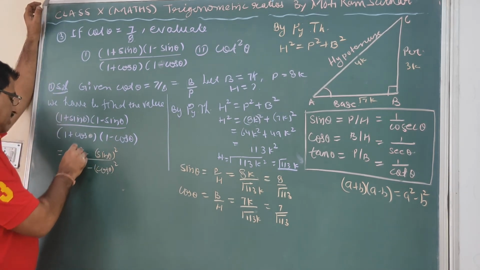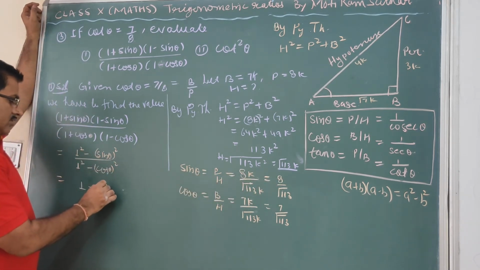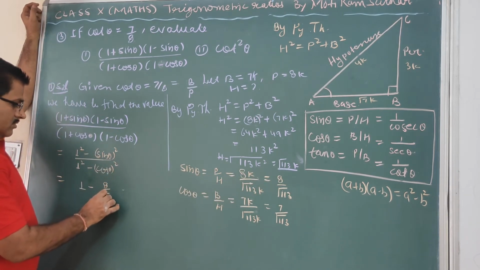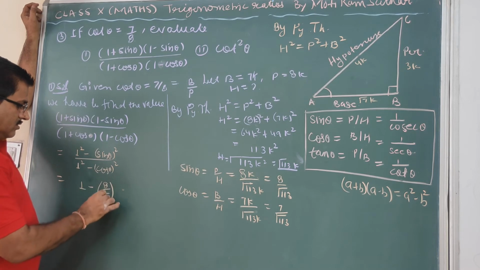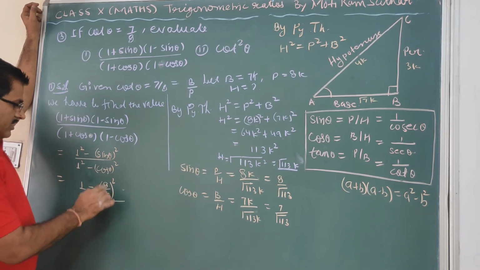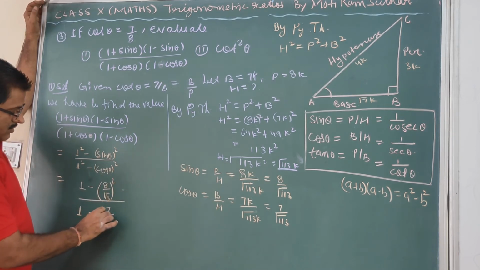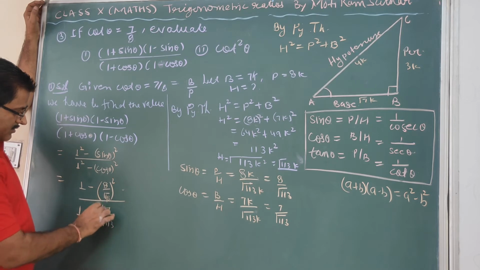So 1 square, that is 1, minus sin theta with its value, 8 upon root 113, whole square, upon 1 minus cos theta, 7 upon root of 113, whole square.